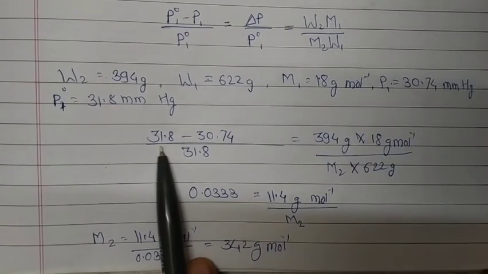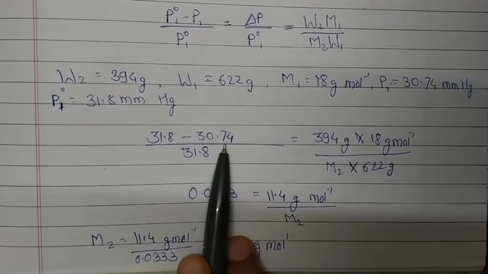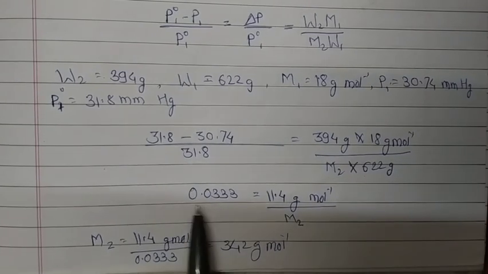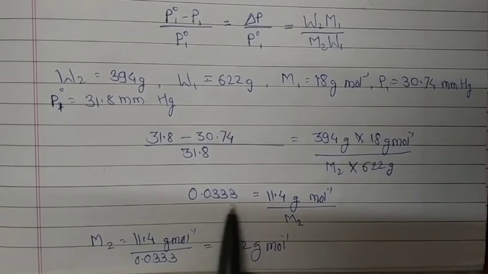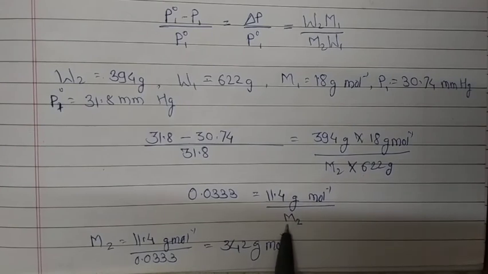Now by calculating 31.8 minus 30.74 divided by 31.8, we have 0.0333, and by calculating the other side, we have 11.4 gram per mole divided by M2.